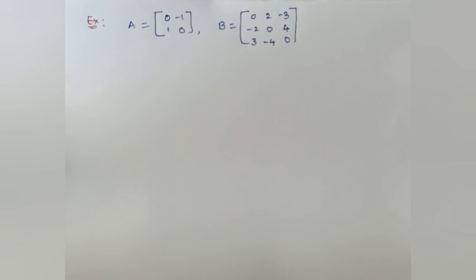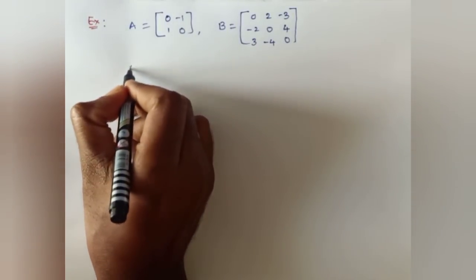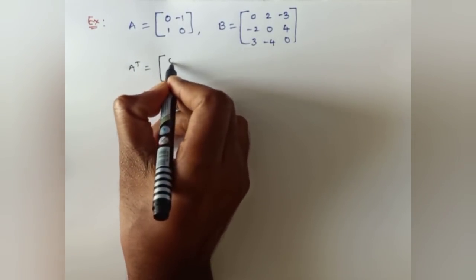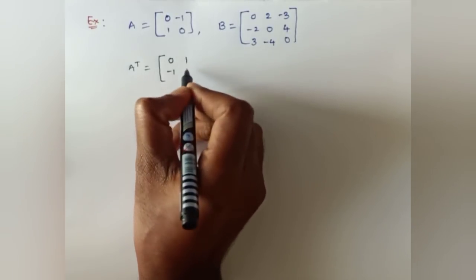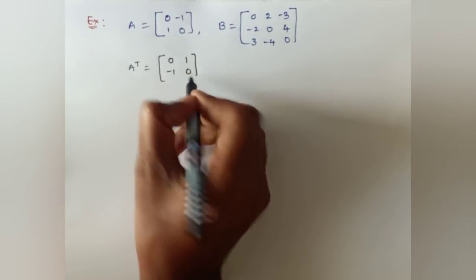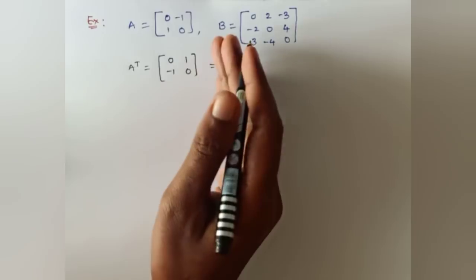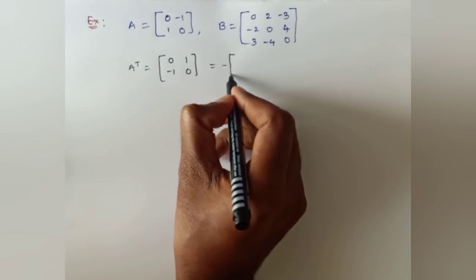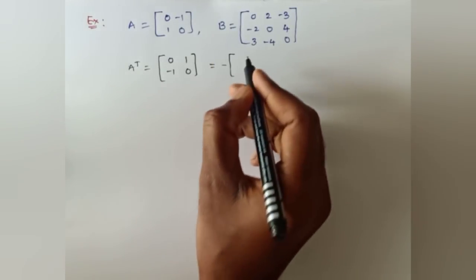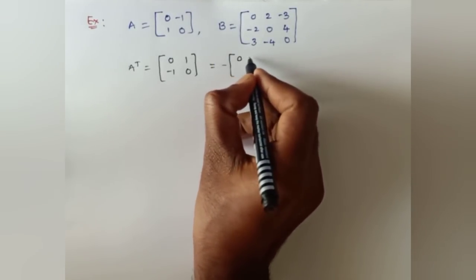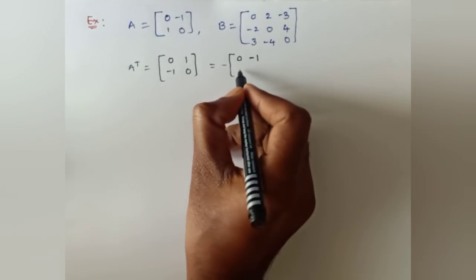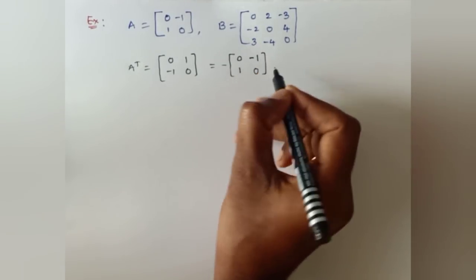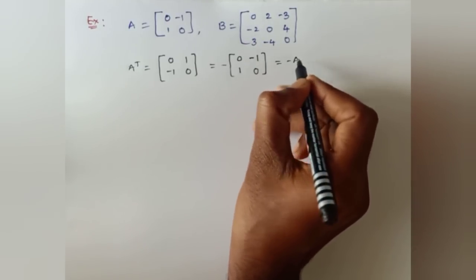Now A transpose is 0, minus 1, 1, 0. Again taking a minus common from all the entries of this A transpose, we get the resultant 0, minus 1, 1, 0. So this is minus A.